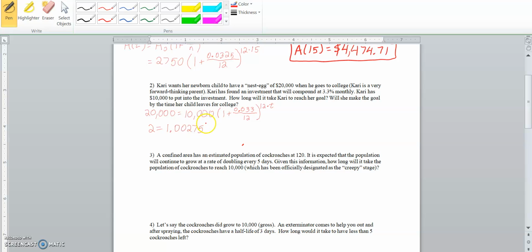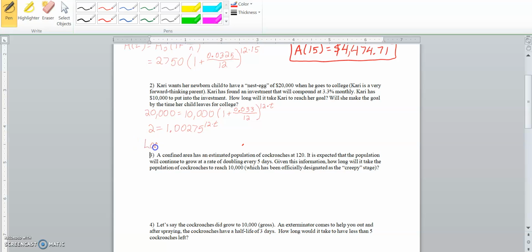I'm going to raise that to the 12t exponent. So at this point, we can take the log of both sides, right? Algebraically, we have to do what we do to one side to the other. And in order to get an exponent down out of the exponent position, if we take the log of both sides, we can do that.